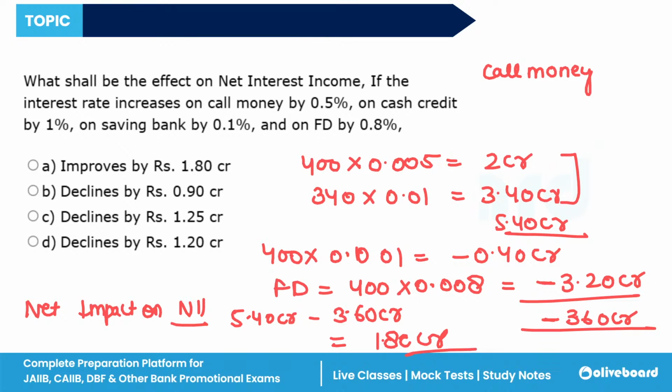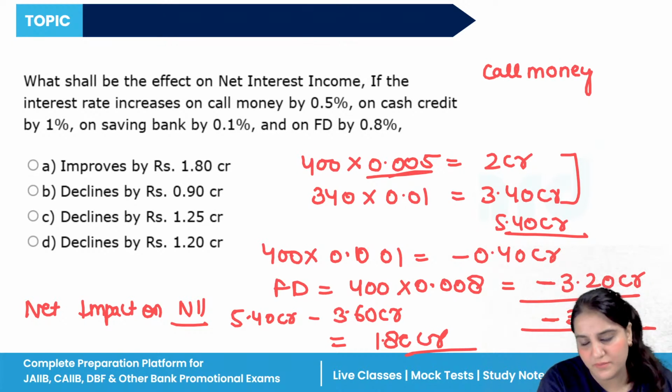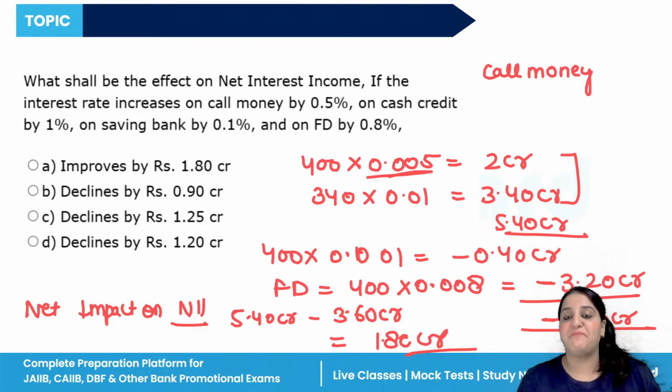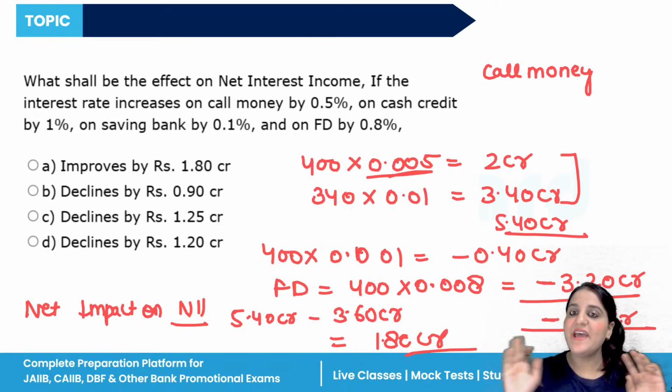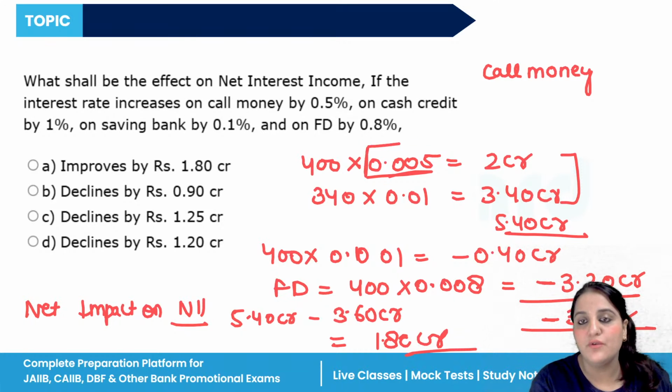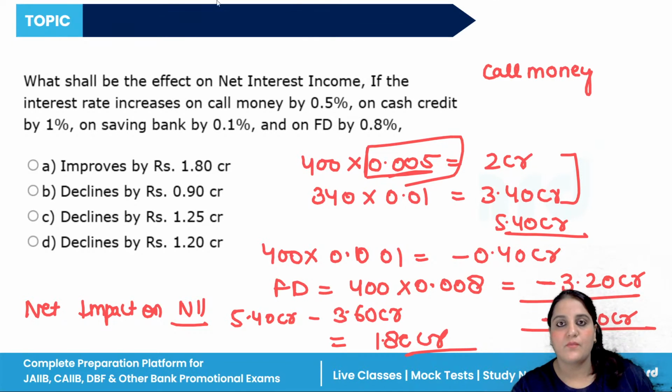See, here we converted the 0.5% into points. That's why 0.005 is written, right? I'm not calculating like that; I solve the percentage part, then I write this as 0.005, which equals 2 crore. Got it?